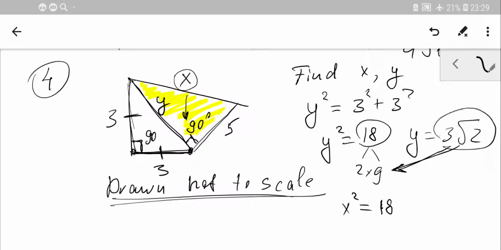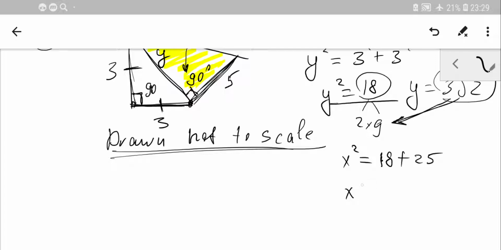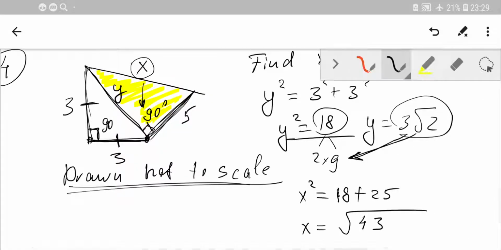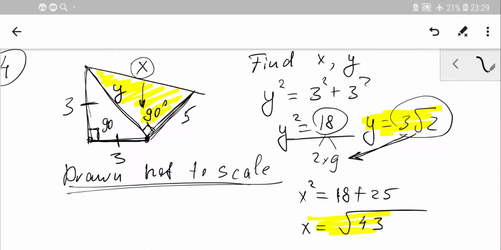I don't want to cope with y because I need the square, so I work directly with 18. And plus 5 squared, which is 25. This side is 5, okay? So x is the square root of 43. Okay, we found all the sides. You see that actually it's just consistent application of Pythagoras.